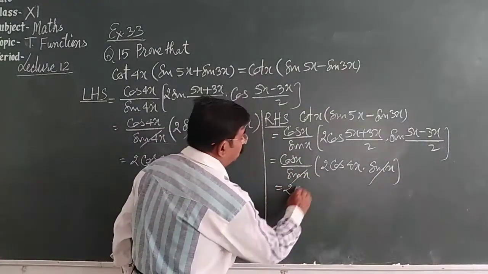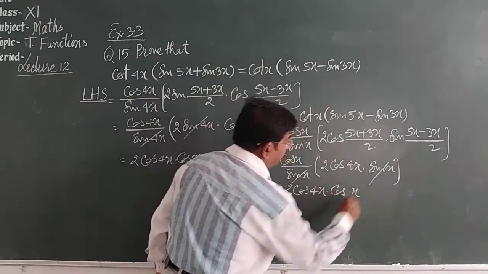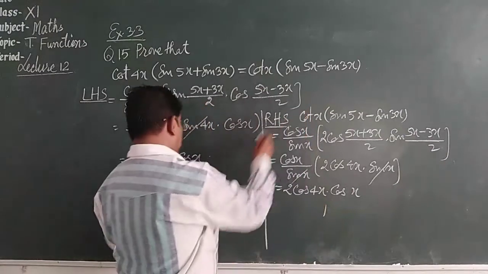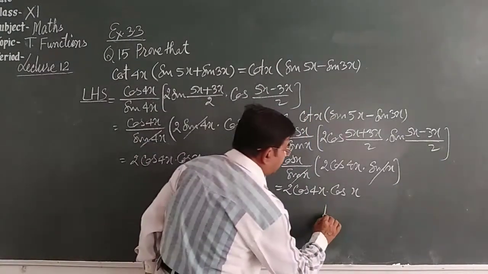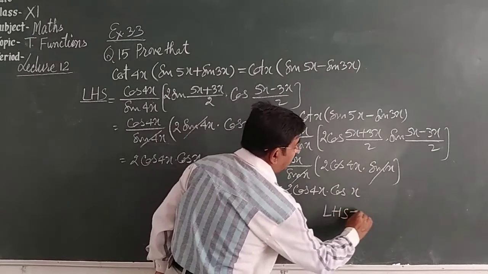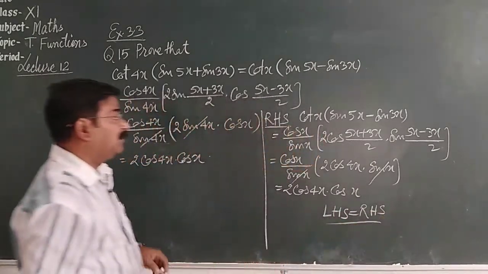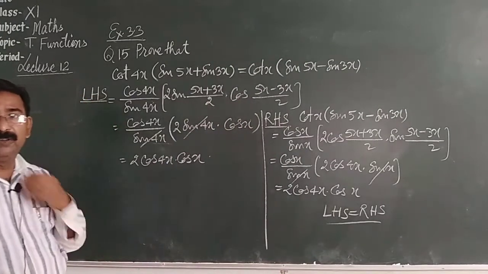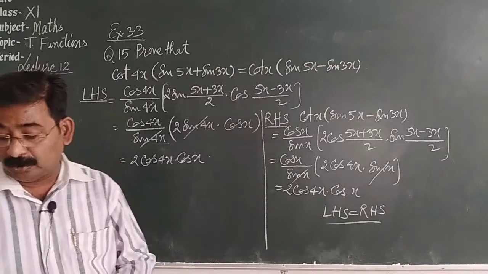So we have 2 cos 4x into cos x. This was required. So what can we write? We can say left hand side is equal to right hand side. So this is how we can verify both sides. If the question is somewhat difficult, you can use this method also.